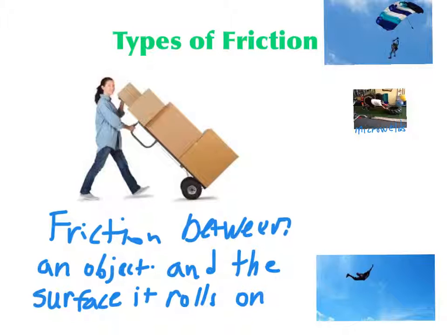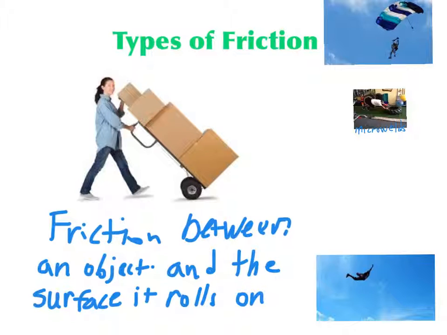So that's what you should write by letter I. Usually this type of friction is less than sliding or static friction because those wheels turn very easily. So that's why you see her trying to move these boxes by using this dolly that rolls rather than just trying to slide them or push them across the ground.